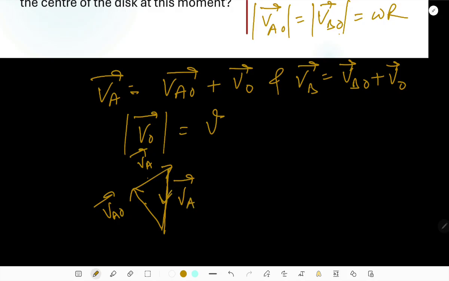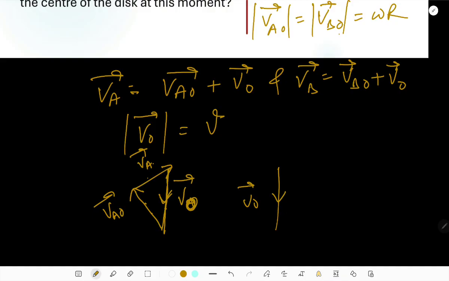If we add the velocity of O and the velocity of A with respect to O, we get the velocity of A. That's right. Again, the velocity of O will be in the same direction, whatever direction you assume. So this is the sum of two velocities.